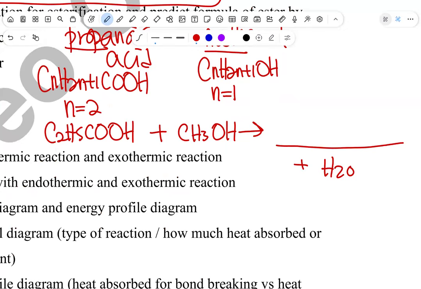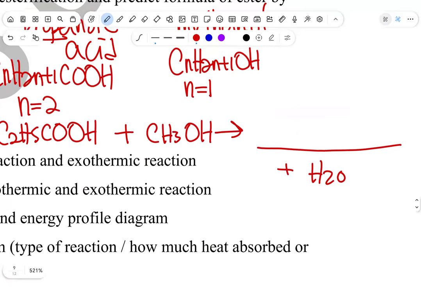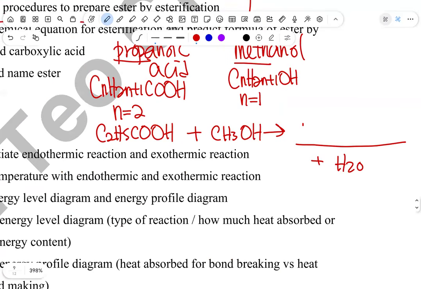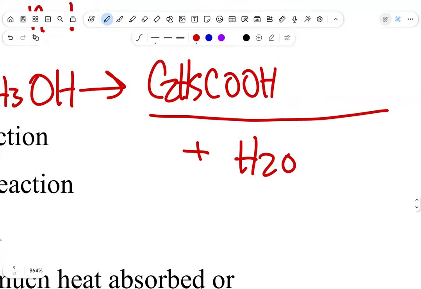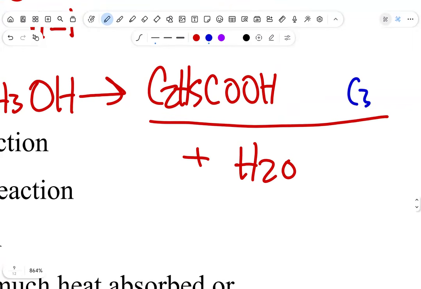And I told you all before, right? How to get the formula of ester. You don't need to memorize. You can predict the formula of ester by doing this. Put the carboxylic acid in front. Put the alcohol at the back. So for alcohol, it's better to put the OH here.